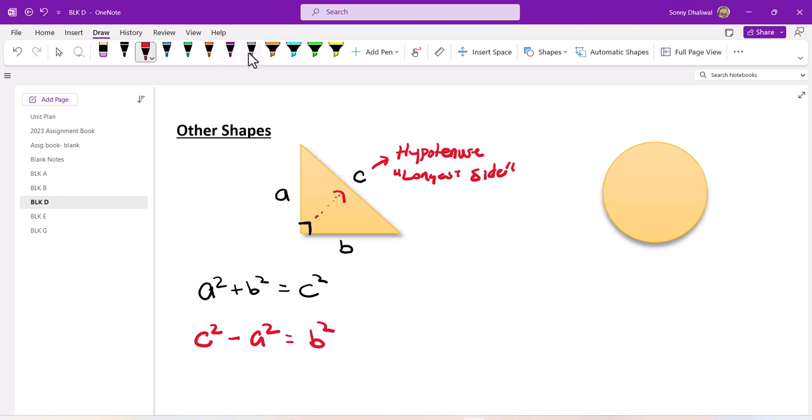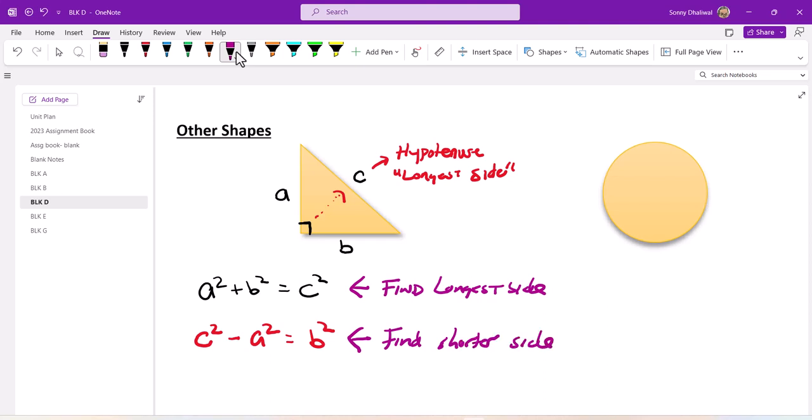So we use the top one if you want to find the longest side, and we use the bottom one if you want to find a shorter side, right? The two small ones add up to make the big one. If you want to find the small one, big one minus the small one equals the other small one, right? When you do that calculation, you just got to do the square root, right?